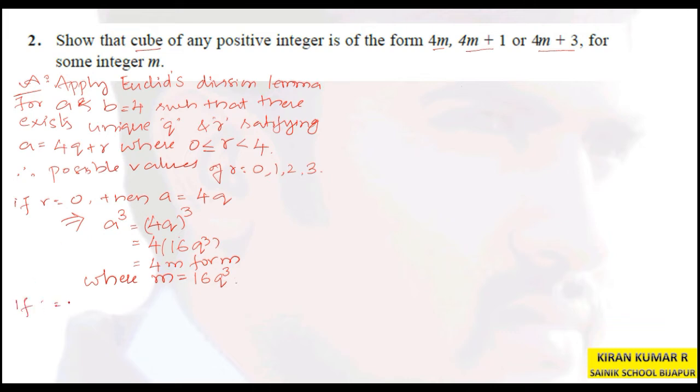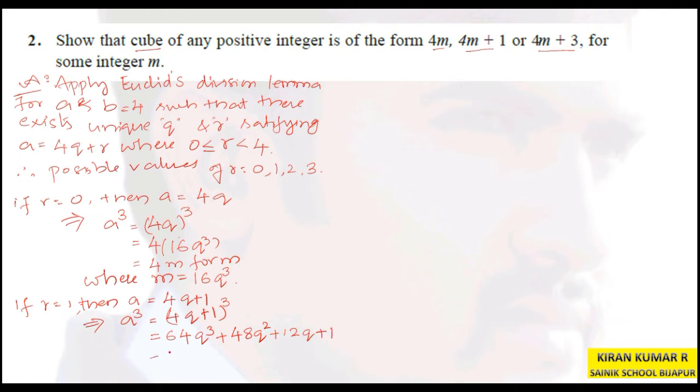If the value of r is 1, then a becomes 4q plus 1. Cube on both the sides, we get a cube as 4q plus 1 whole cube. On expanding this 4q plus 1 whole cube, we will be getting 64q cube plus 48q square plus 12q plus 1.